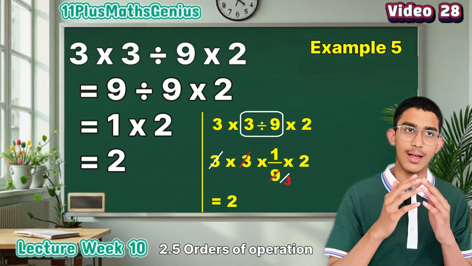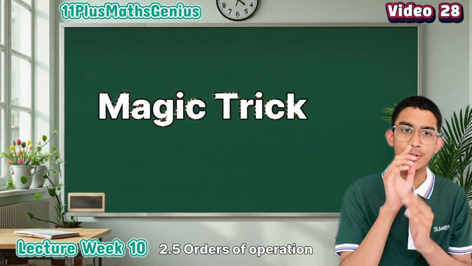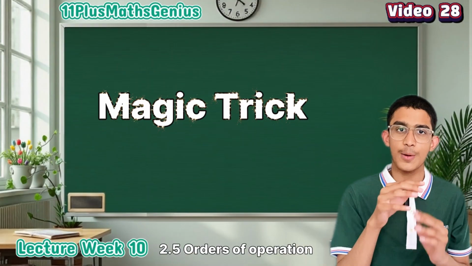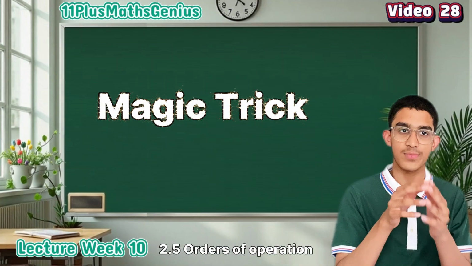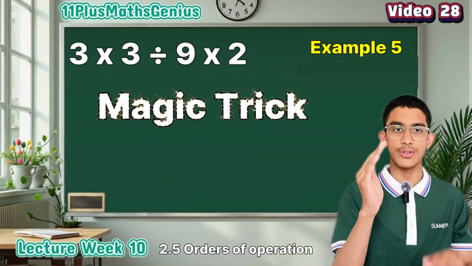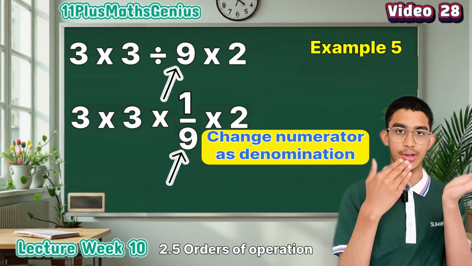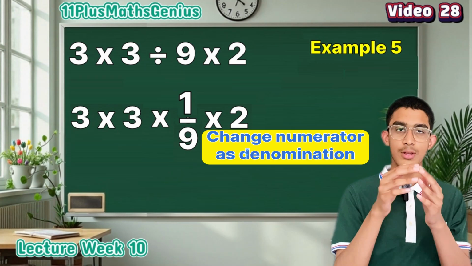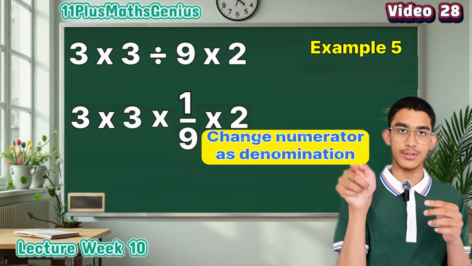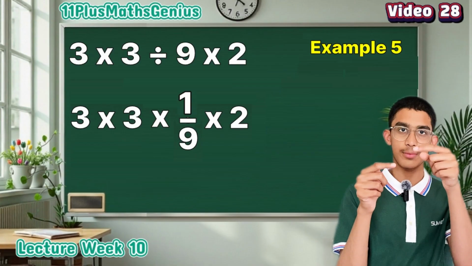And now I will show you a magic trick. What if you forget which operation to perform first? In that case, change all division signs to multiplication and change the number next to the sign, for example, the numerator as the denominator and the denominator as a numerator.